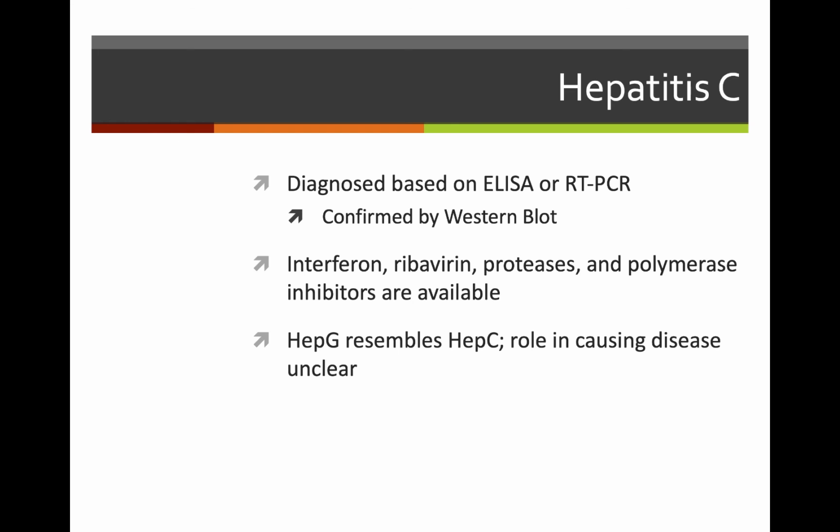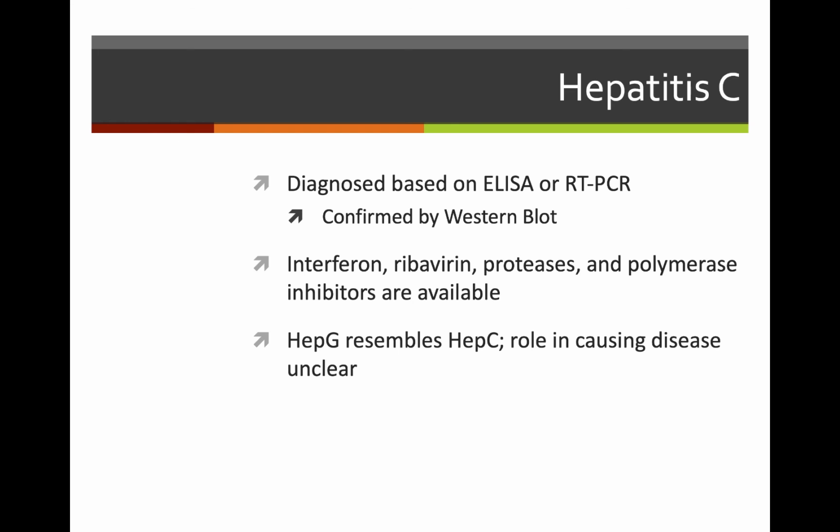So we did talk about hepatitis E when we talked about hepatitis A. We talked about hepatitis D when we talked about hepatitis B, so I guess I totally lied about going in alphabetical order. Hepatitis G is not going to get much of a mention from me.